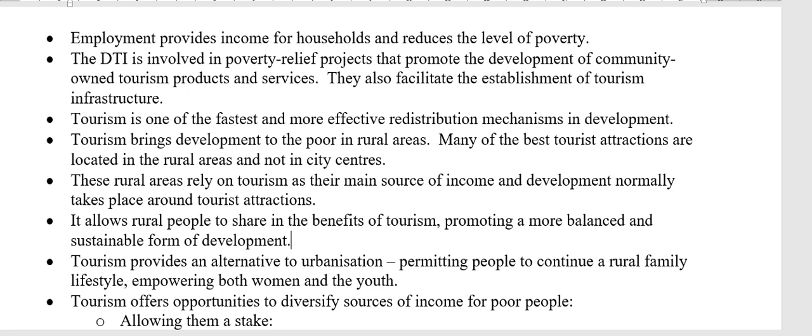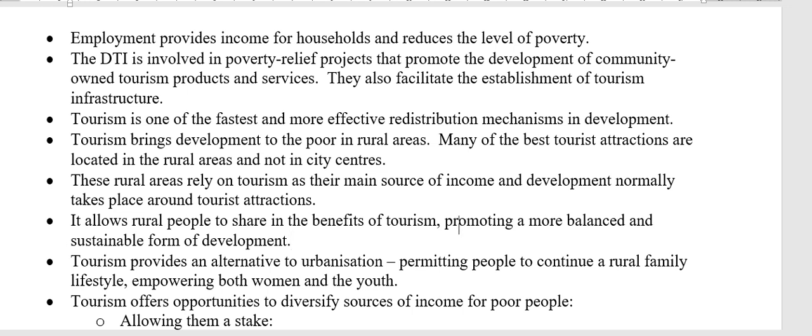A lot of the tourist attractions in our country, if you think in terms of the big five at game reserves, are not in the cities, they are in the rural areas. So because tourists go into the rural areas to experience these attractions, these poor people can benefit from tourism.